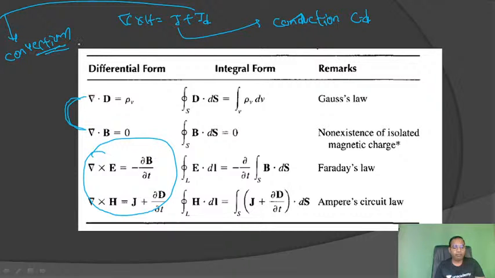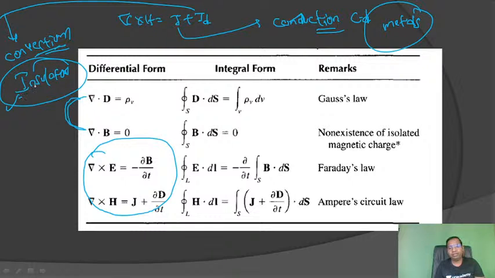The difference between the two is that conduction happening in the metals is called conduction current density, and conduction happening in the insulators is called convection current density. JD can be written as dou D by dou t, and this JD can also be called the displacement current density. Got it? Fine.